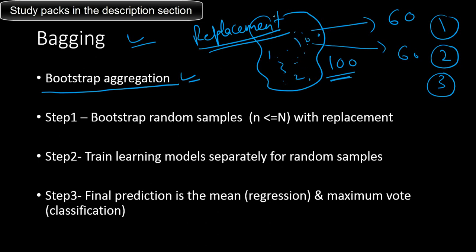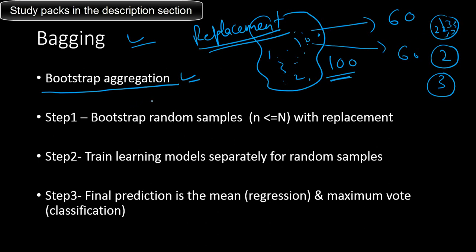Whereas when you're picking observations in your random samples, you can have multiple values for the same number. We can have 2, we can have 4, 3, and so on. So the idea is that the observation should be replaced while picking. Okay, so now you understood what bootstrapping is.